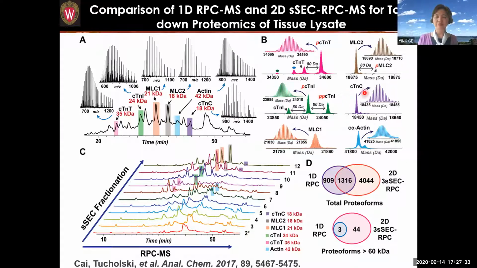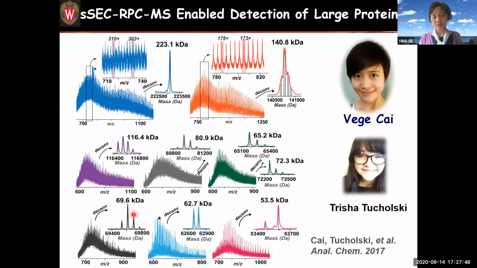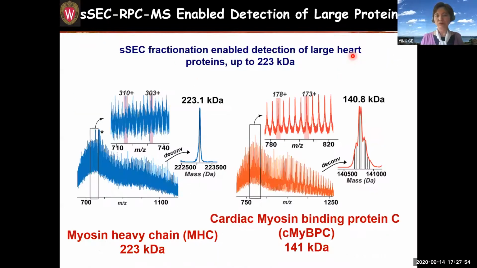We did get a very nice peak separation. But when we use an SEC at the front before the reverse phase, this allows us to detect many high molecular weight species. Many proteins about 60 kilodalton and 116 kilodalton, even up to 223 kilodalton and 140 kilodalton proteins. These are very, very important cardiac proteins that we are interested in.